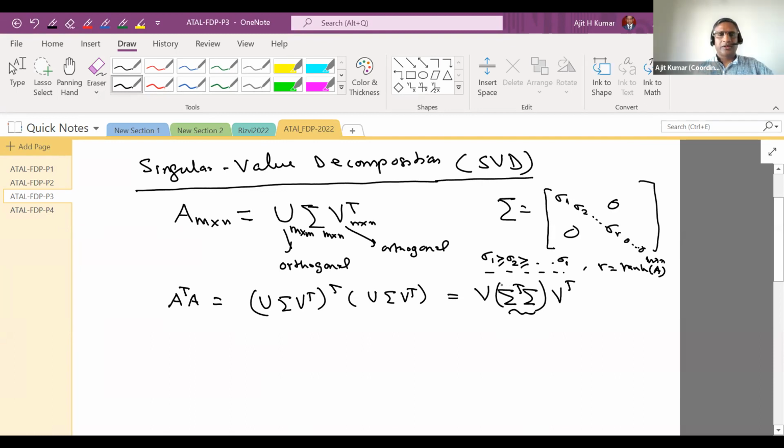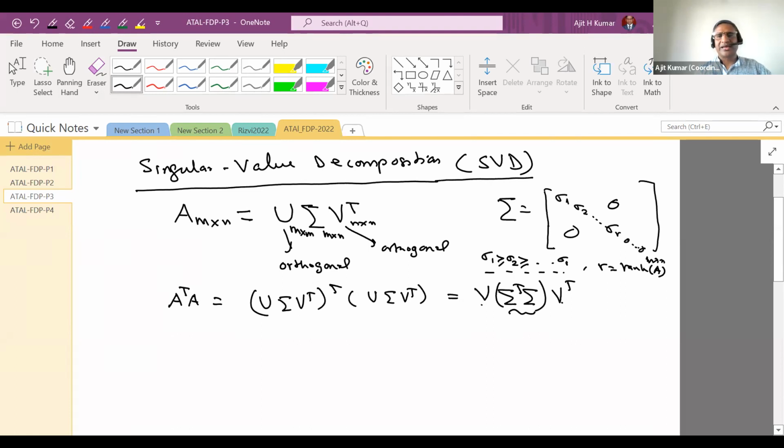Okay, right. So this is a diagonal matrix, and you are diagonalizing using this orthogonal matrix. So it says that this is diagonalizable, and naturally it will be diagonalizable because it is a symmetric matrix, right? Not only that, it says that the eigenvalues of A transpose A are going to be the diagonal entries of sigma transpose sigma, which is sigma 1 square, sigma 2 square, and so on.